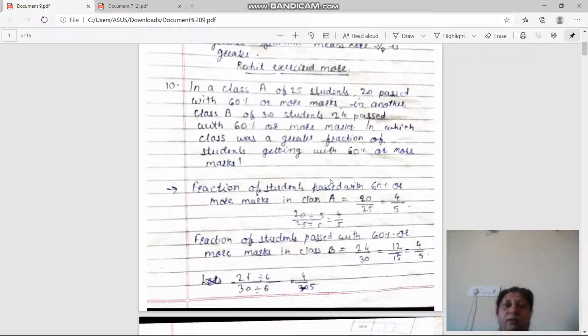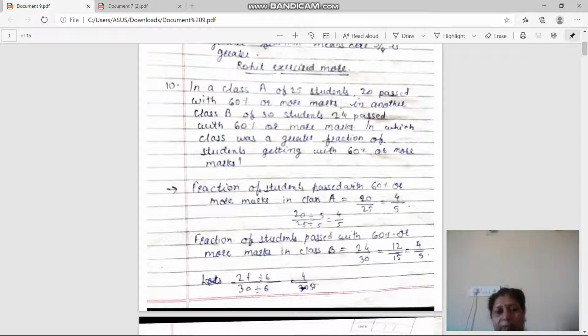Understand? Now next, in class B, how many total students are there? 30. How many passed? 24. So the statement will be: fraction of the students who passed with 60 or more marks in class B is equal to 24 upon 30, right? So if we divide it by 6, we get 4 upon 5.